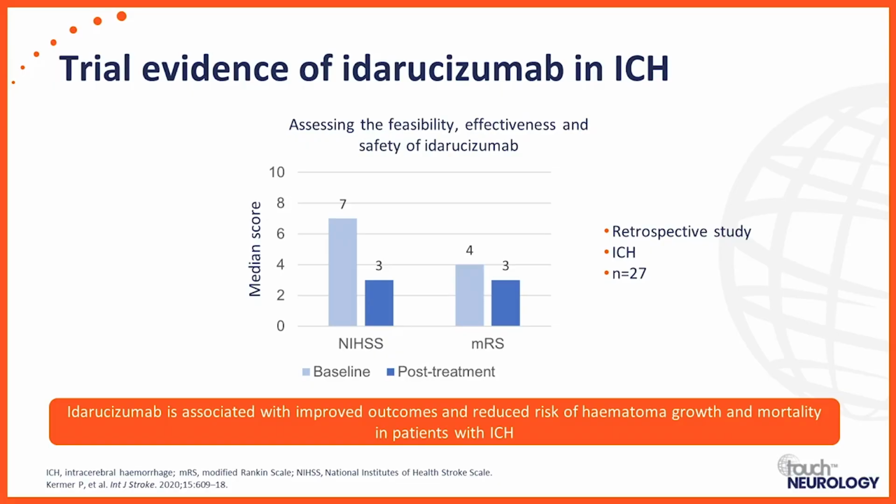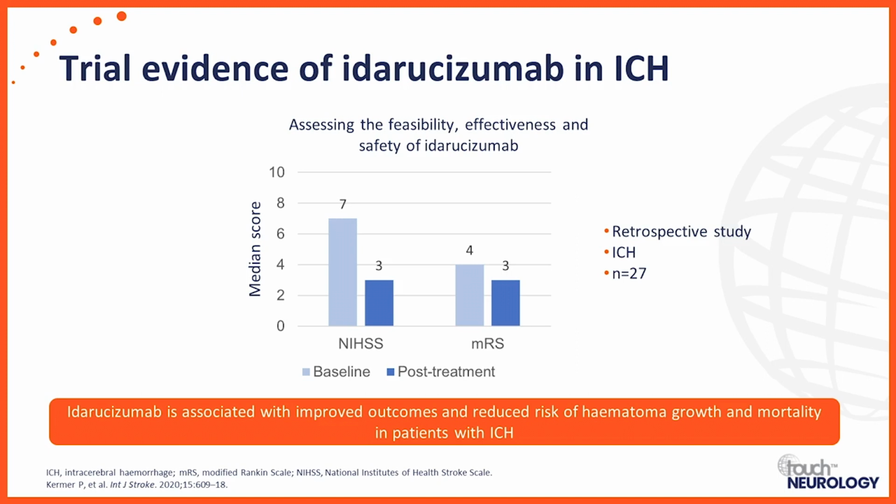In that study, there were 27 patients who had an intracerebral hemorrhage, and it looked at the effect of the treatment before and after, using the NIH stroke scale, a functional outcome, which was 3 compared to 7 at baseline.